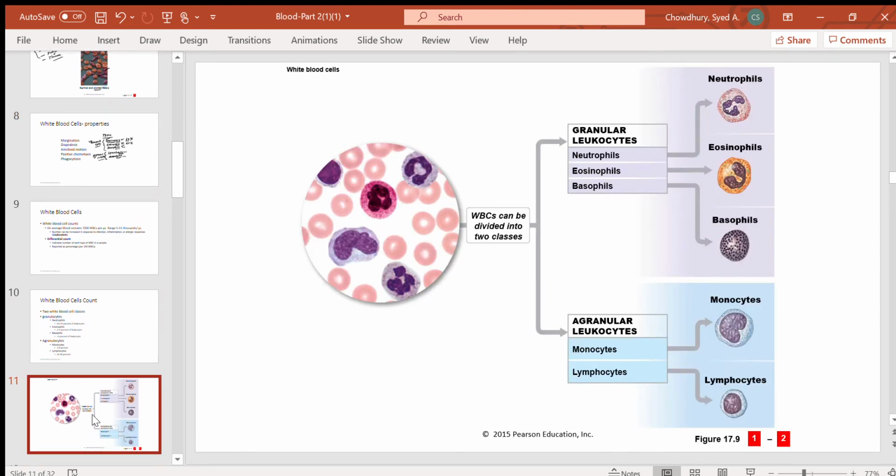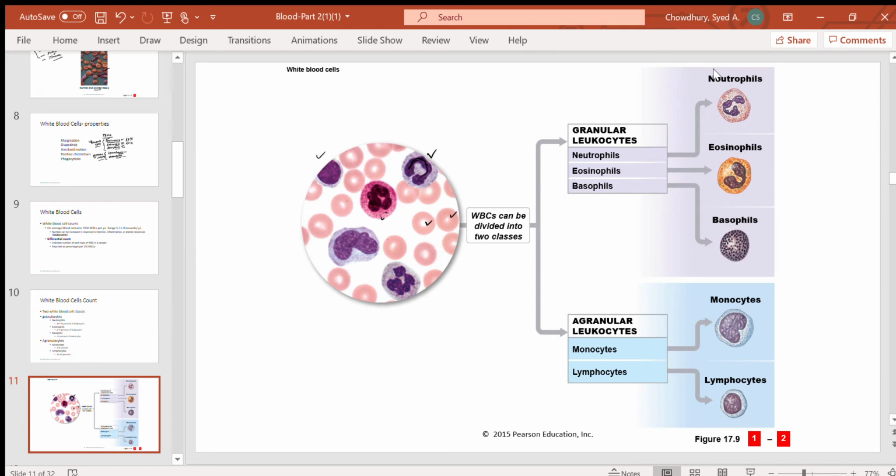Now let's see the pictures. So these are the red blood cells and these are the white blood cells. White blood cells have nucleus, right? So you see the dark blue colored structure is the nucleus. However, in the cytoplasm, outside of the nucleus, you see color.